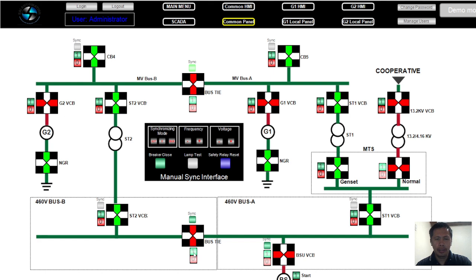We can close this. There's a protection here because both buses are live. Also in this area, we can close this breaker for the bus tie, but because both buses are live, there's a protection. So we click this, and there's no reaction. That's the part of the protection.